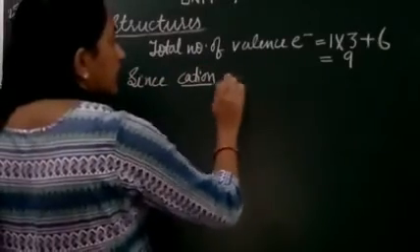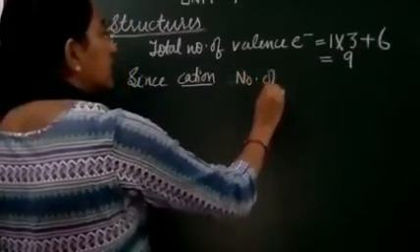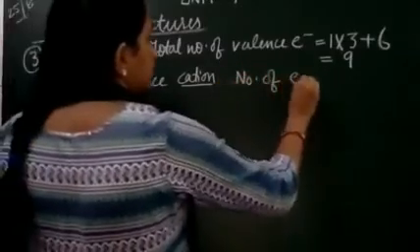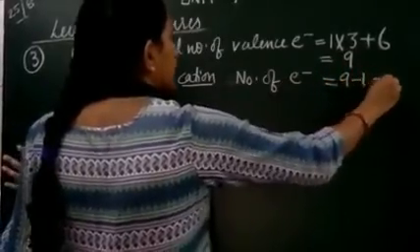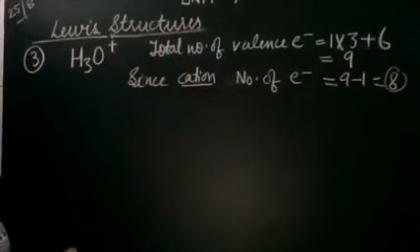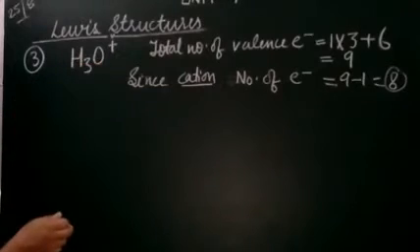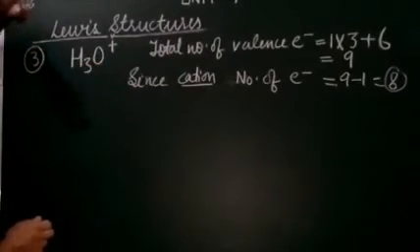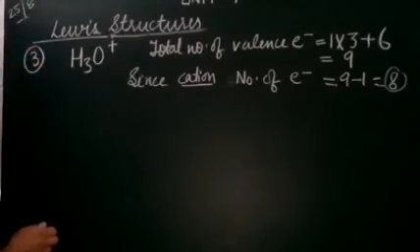So now the number of electrons will be 9 minus 1, that is 8 electrons, right? The 8 electrons will have to be distributed. Now here, as I said earlier when we discussed the rule, hydrogen and fluorine will always be present at the terminals.